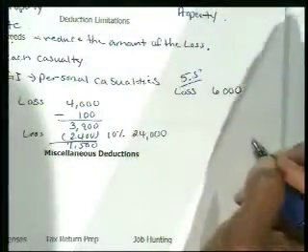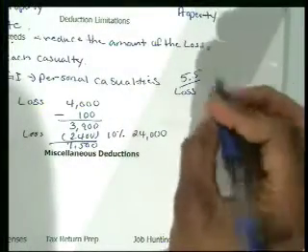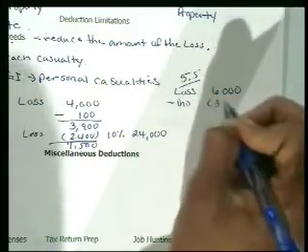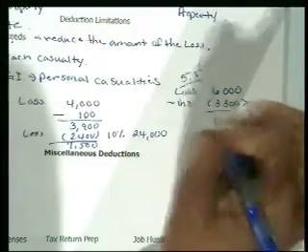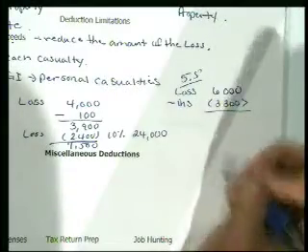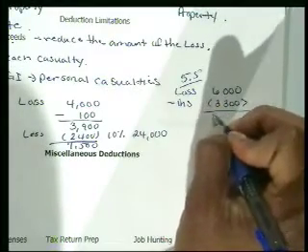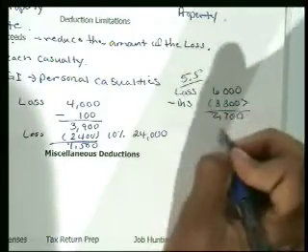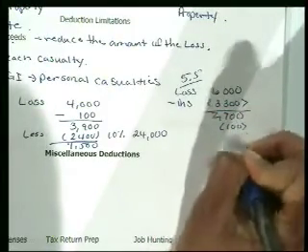So if someone stole it, that decrease would be 9,000, but not to exceed her basis. So therefore the loss is only going to end up being 6,000, which is her basis. She can't get the fair market value. Minus her insurance, she got insurance proceeds of $3,300. And so that leaves us $2,700. And then minus the $100 per casualty.